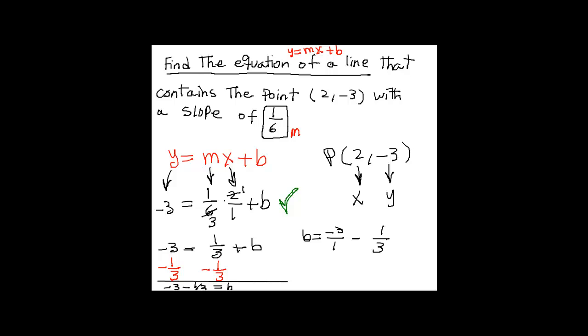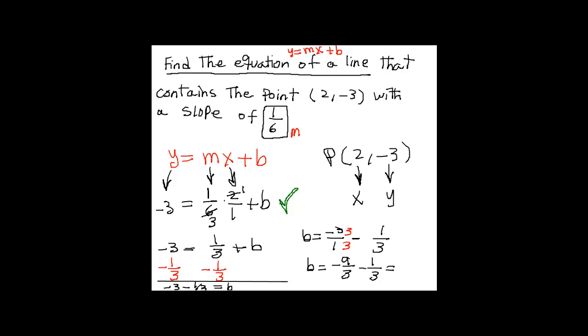Okay. We need to find the LCD then, right? Find the LCD. LCD is 3, so multiply by 3 over 3. So b would be equal to -9 over 3 minus 1 over 3.